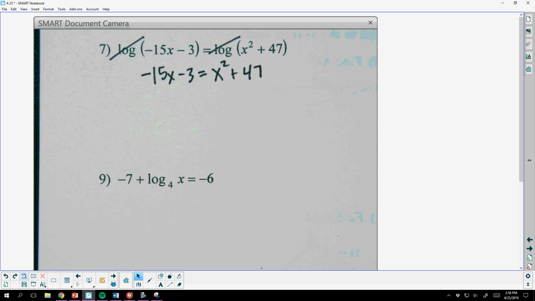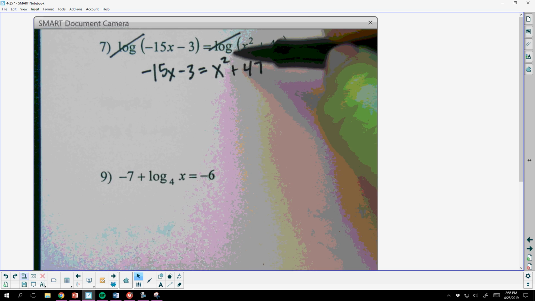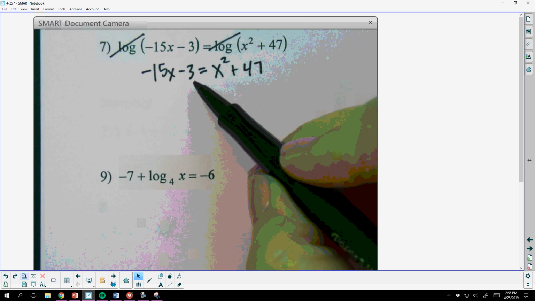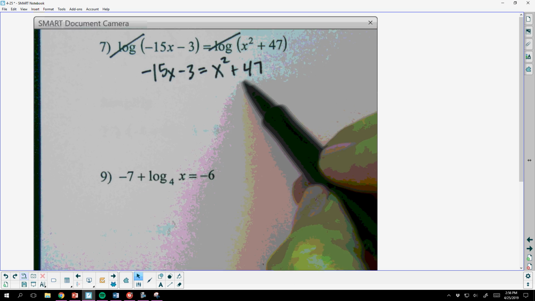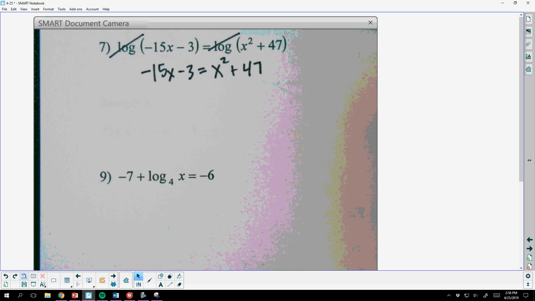So now we have a quadratic equation. So what should we do to solve that? Set it equal to 0. Since this term x squared is positive, I think it would be easiest to move these terms to the right side.